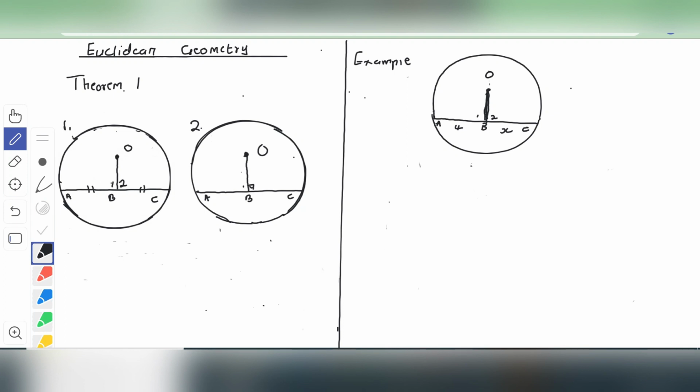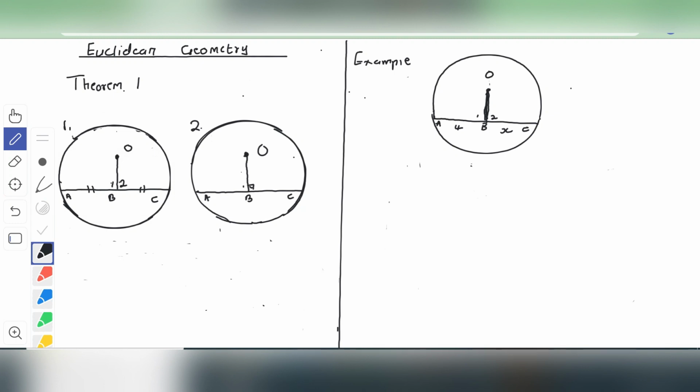So today's lesson will be Euclidean Geometry, which is for grade 11. I'm going to do a video for each theorem, meaning as we have theorems from 1 to 9, theorem 1 is going to have its own video, theorem 2 is going to have its own video.